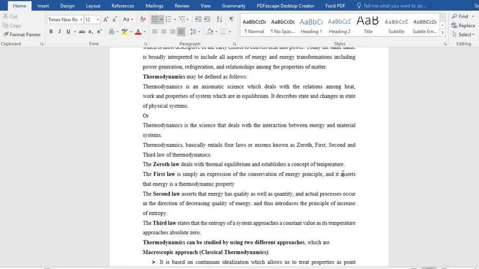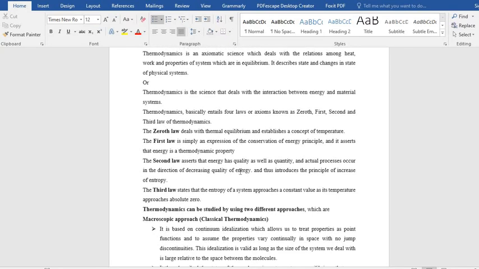It shows that any actual thermodynamic process can only occur in the direction of decreasing quality of energy, that is, the increase in entropy. We will discuss these things in subsequent classes, where we will deal mostly with each of the laws.